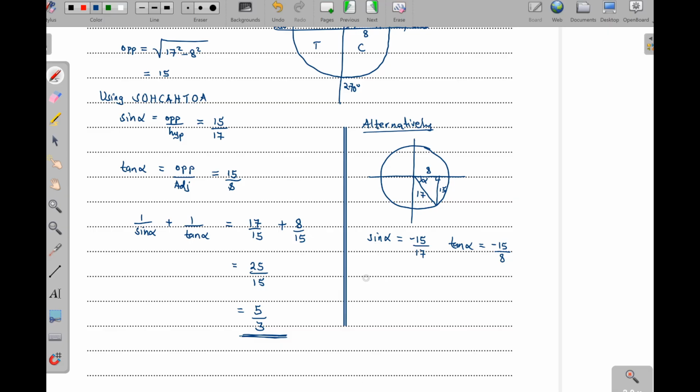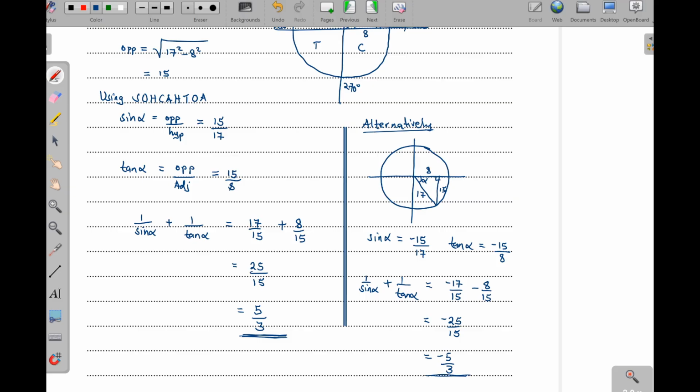So 1 over sine alpha plus 1 over tan alpha will be equal to negative 17 over 15, and then minus 8 over 15. So you'll have negative 25 over 15, and then it becomes negative 5 over 3.